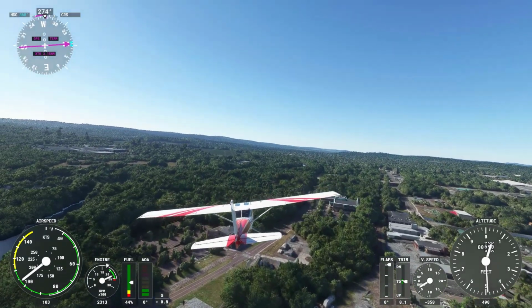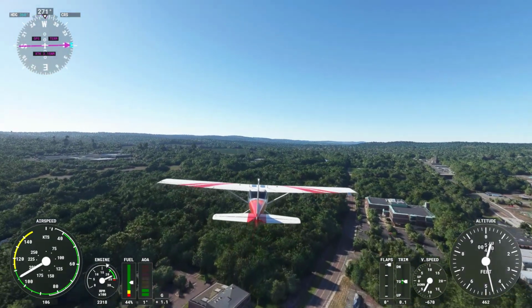And there's the West Campus. I can just see it off the right wing there.